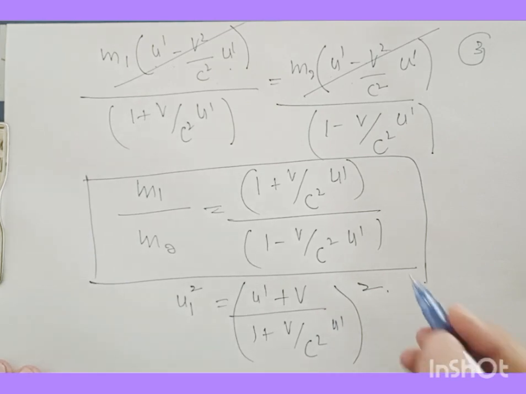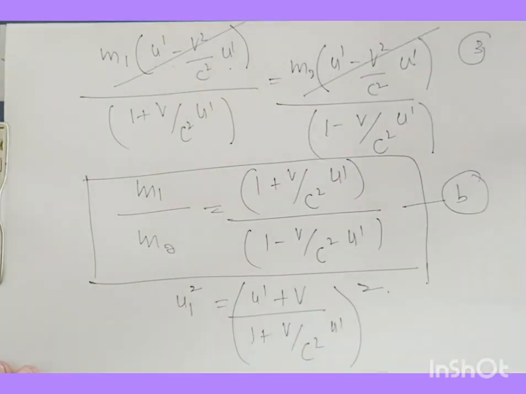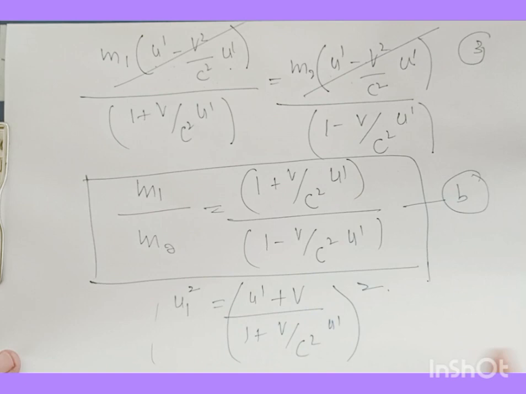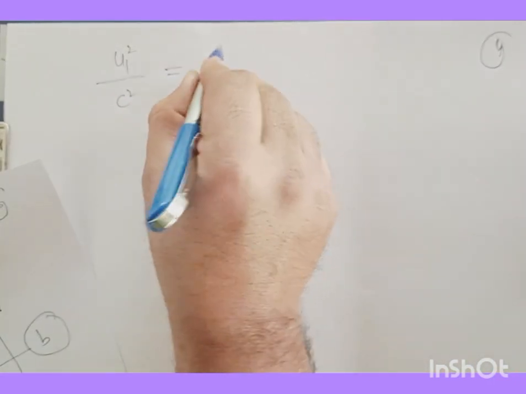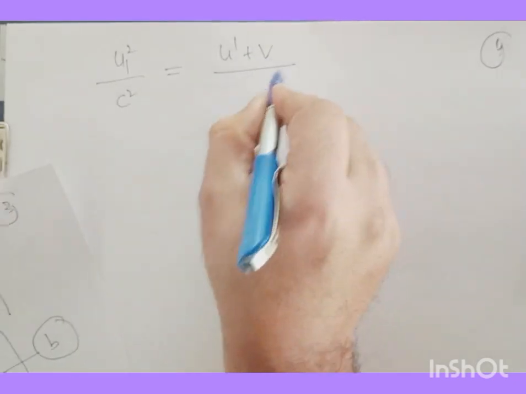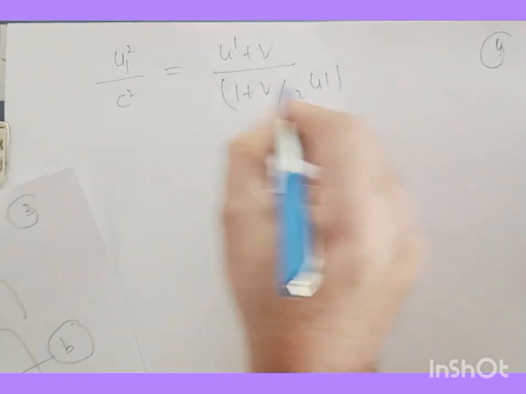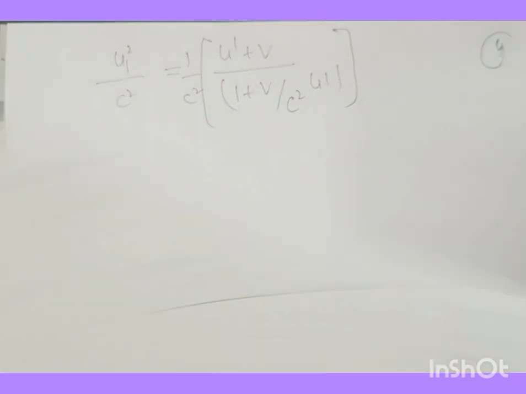I will call this B for the time being, and in this equation I will be dividing both sides by c². So I'm going to get u1²/c² is equal to the square of (u' plus v) by (1 plus v/c² u'), divided by c².